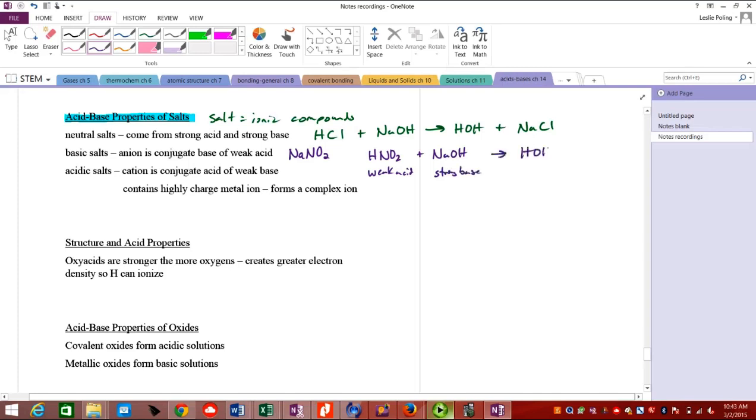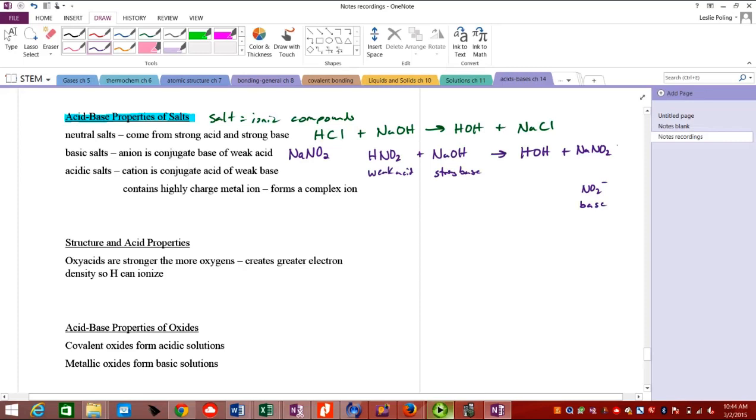So we get our HOH, and then we get NaNO2. Well, because NO2 minus by itself is a base, we have a basic salt.